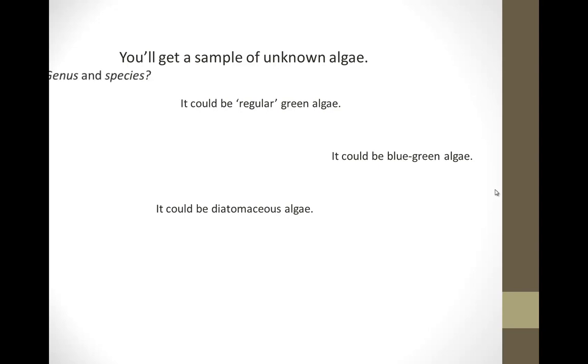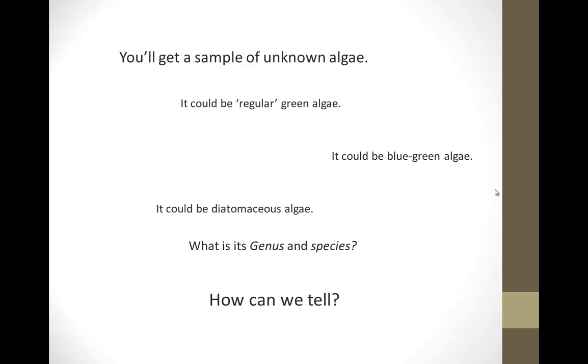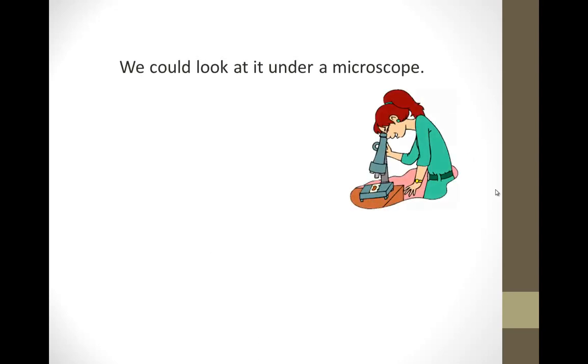So how are we going to decide what the genus and species of our unknown is? How can we possibly identify them out of those hundreds of thousands of possibilities? Well, one way would be to look at it under a microscope. And that's how you did it when you were in Biology 181 lab. You looked at algae under the microscope and compared it to pictures and tried to decide what it was.